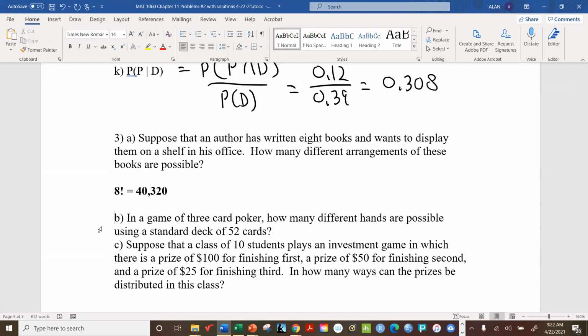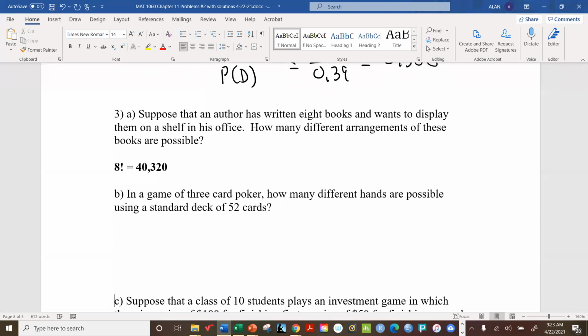All right, now the next one, we have a game of 3-card poker. Everybody gets 3 cards in their hand. So if we have 52 cards in the deck, how many hands can we create? All right, well, each hand is a combination because the order of the cards does not matter.